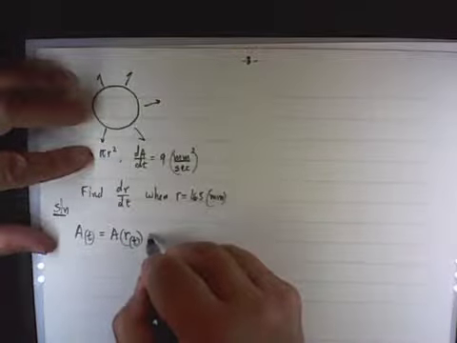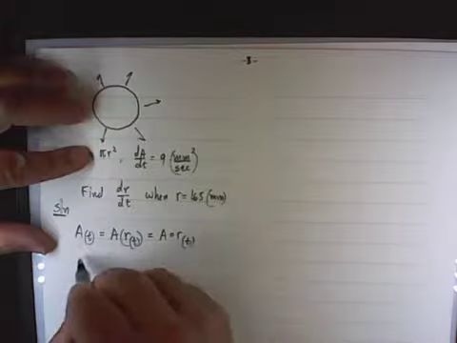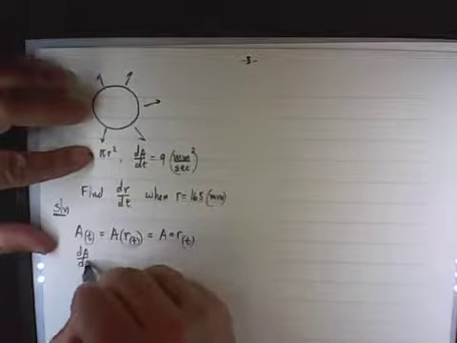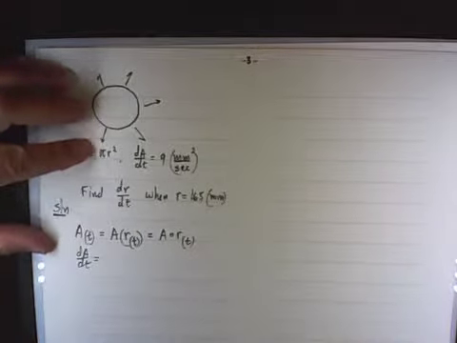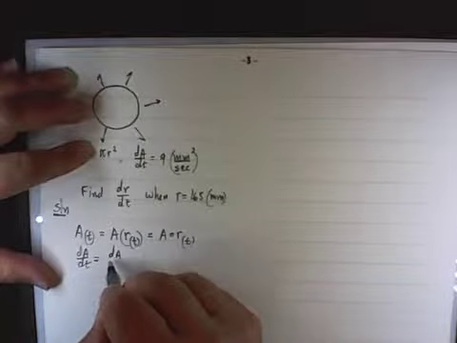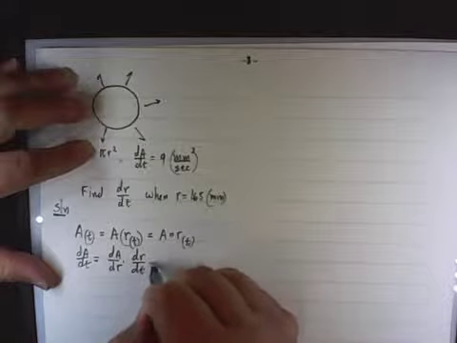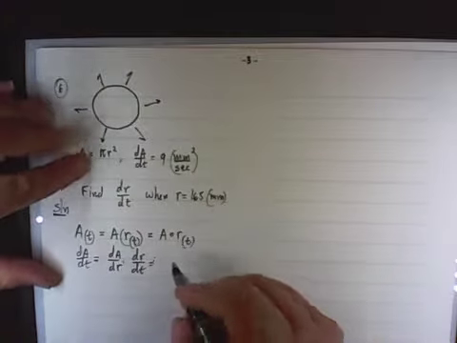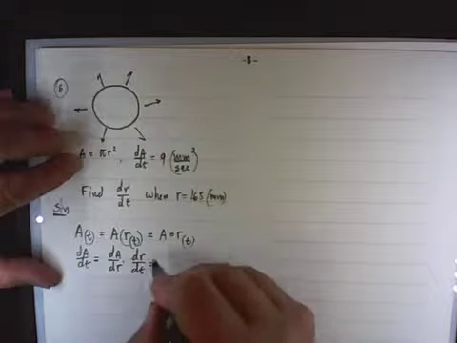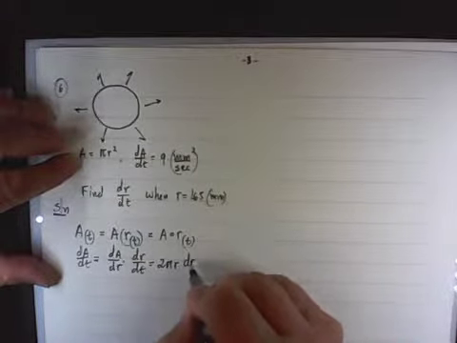So we can write it as A of r of t, and therefore dA/dt by the composition theorem is dA/dr times dr/dt. And dA/dr, the derivative of the area, is the circumference 2 pi r, and we have dr/dt.